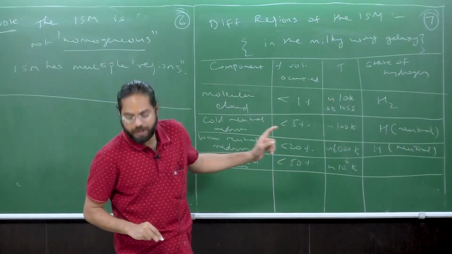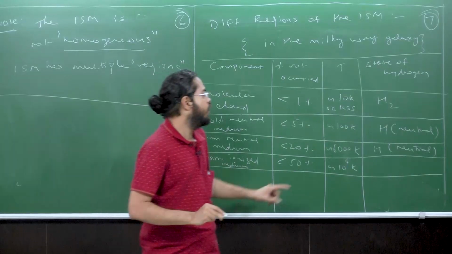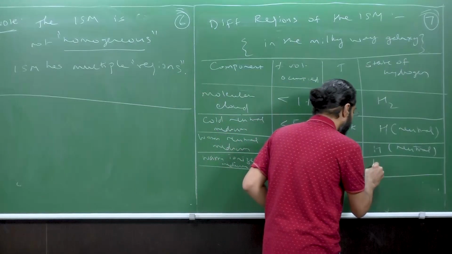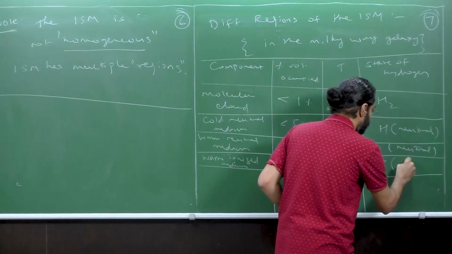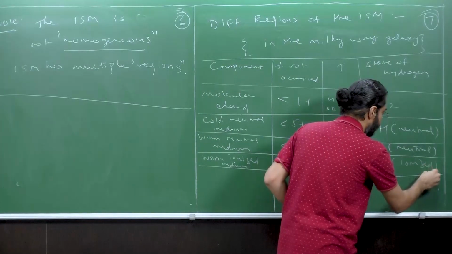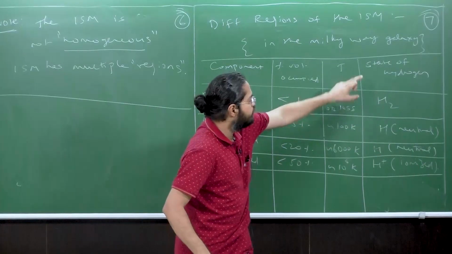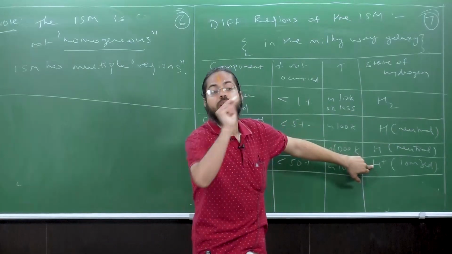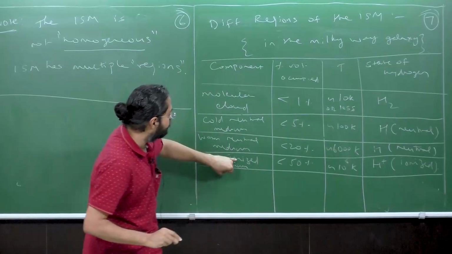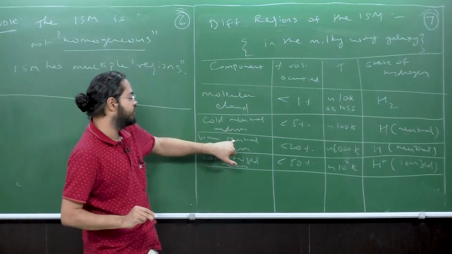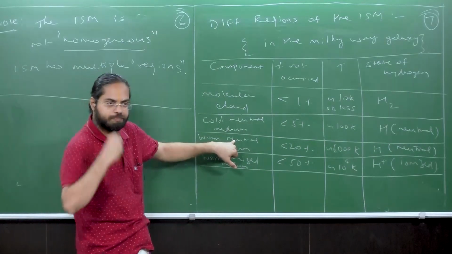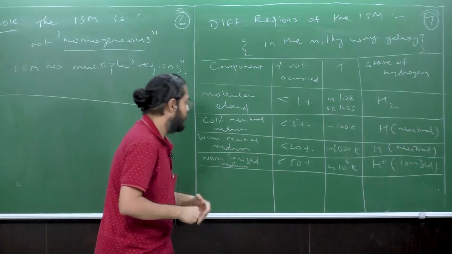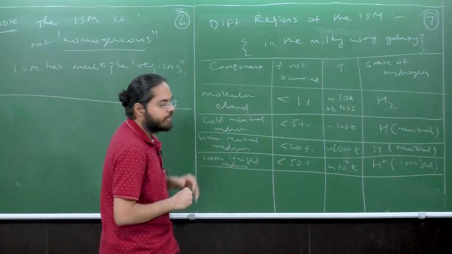And it is here that we encounter hydrogen not just in the atomic form, but also in the ionized form. That's why it is called the warm ionized medium, whereas the previous one is called the warm neutral medium.